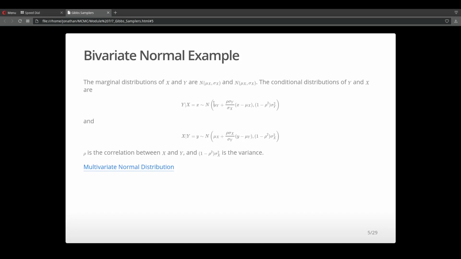For the bivariate distribution, the conditional distributions for y and x are just normal distributions with a given mean and a standard deviation. So as we're sampling, we're going to be updating these means and standard deviations so that we can then sample from a normal distribution.